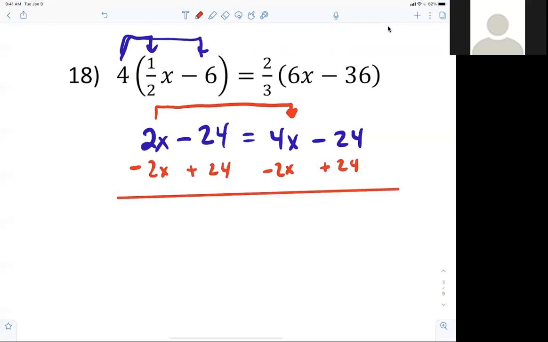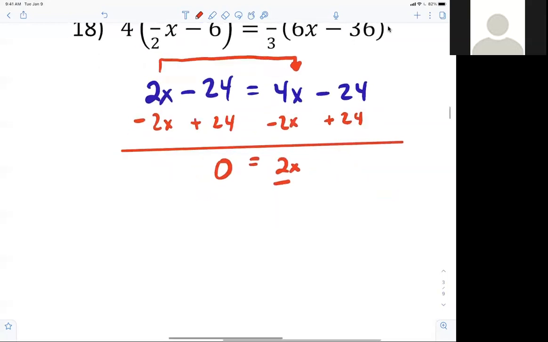Now, why would I do that? Because 4x minus 2x, right? Is it okay for x to be 0? Yes, you just can't have 0x. So in this case, dividing by 2 leaves me with 0. All right, x equals 0.